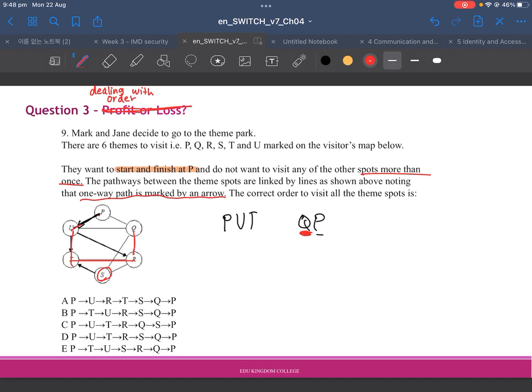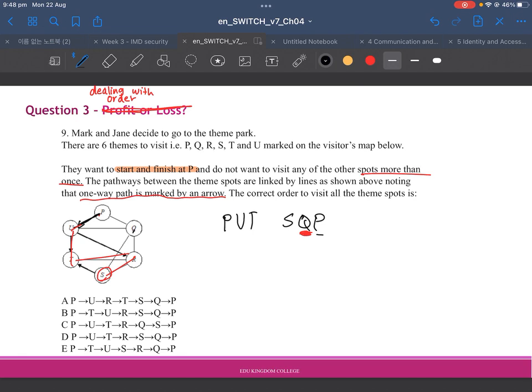Then I can't get S. I can't visit the theme park S, can I? So it means that I have to instead go to S first, because S has two lines which we can go through, which is this. Then I can be assured that if Q is the second last option, which I'm assuming it is, then S must be my third last option.